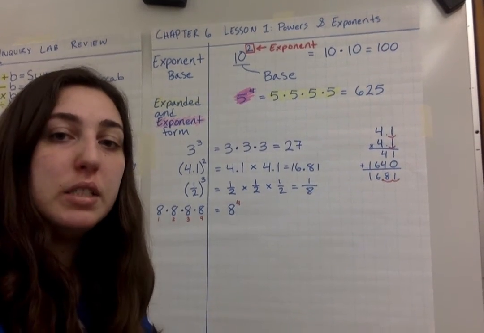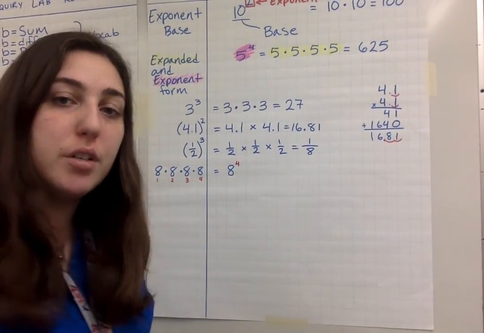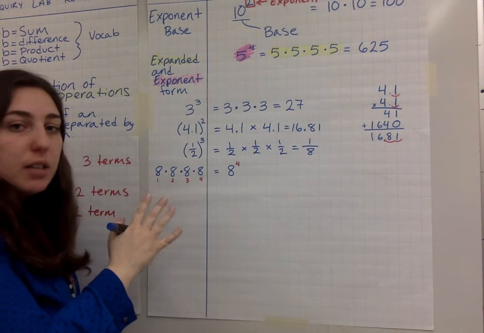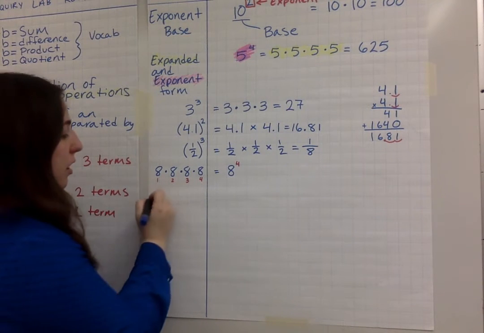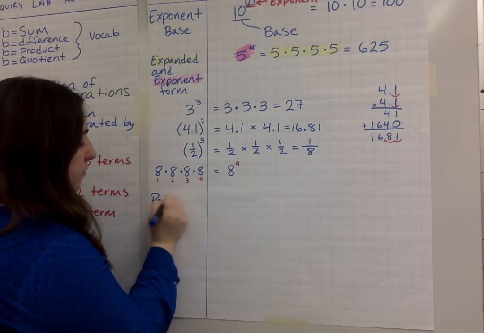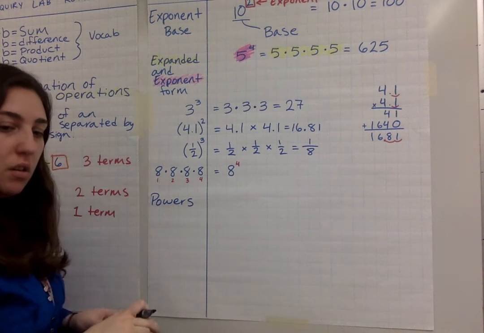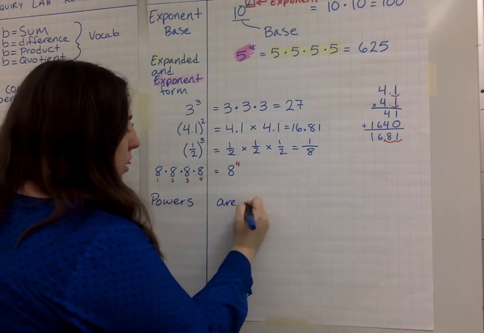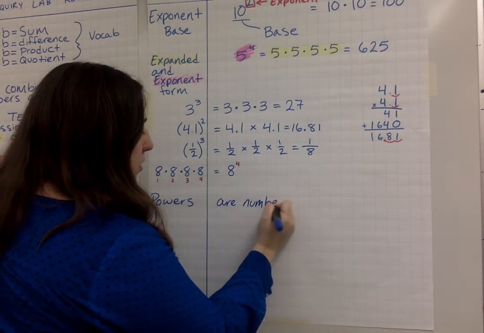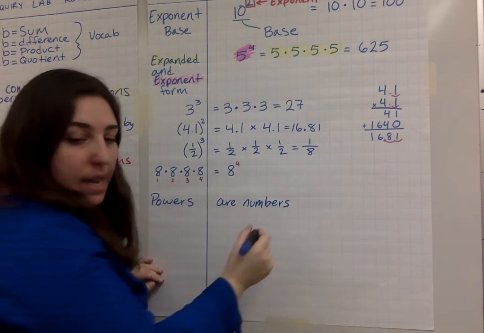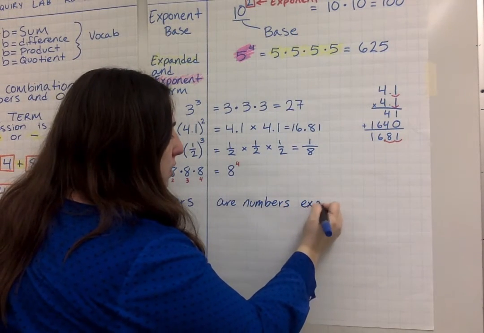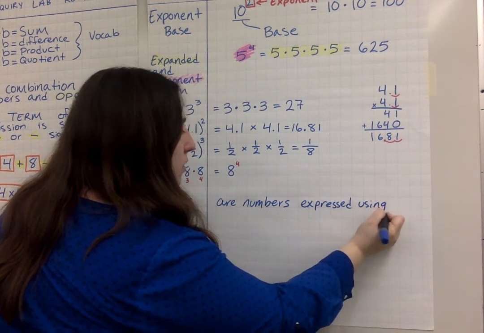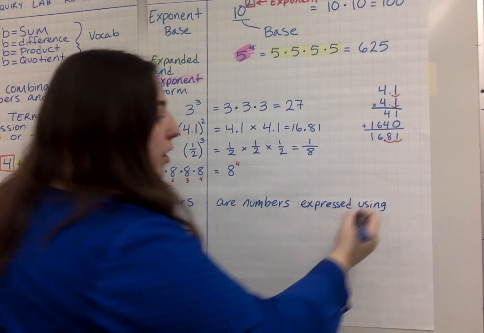Okay. So, we only have 2 more things to talk about. Powers. Okay? So, we're done talking mostly about exponents, but we got to talk about powers as well. Okay, so powers, here's our definition, are numbers expressed using exponents.